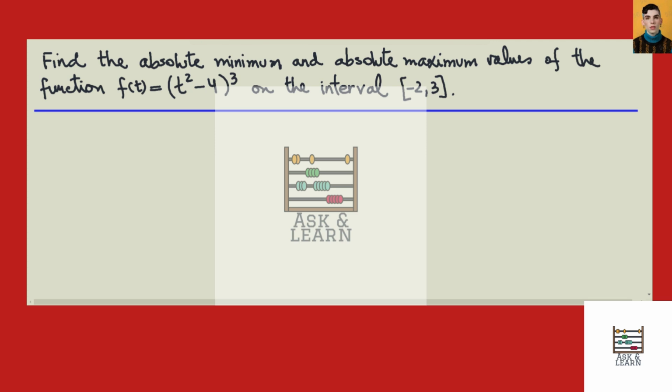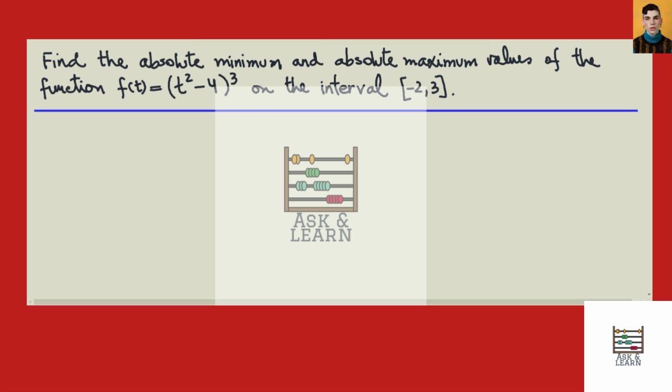So first we know this function is a polynomial function in t of degree 6, and for that reason it's a continuous function everywhere in the real numbers, but in particular it's continuous on the interval [-2, 3]. And because it's continuous on a closed interval, we know it attains its extreme values on that interval.